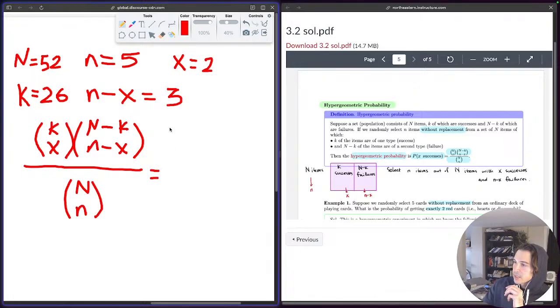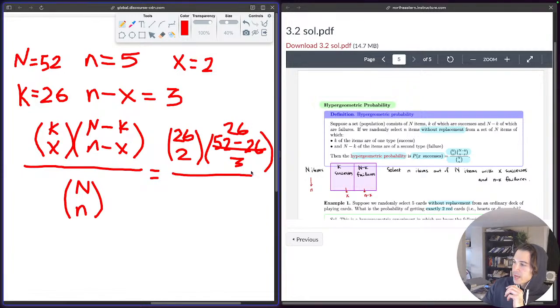And what that's going to look like for us is 26 choose 2, 52 minus 26, which is just going to be 26, choose n minus x, which is just 3, and all of that over 52 choose 5.